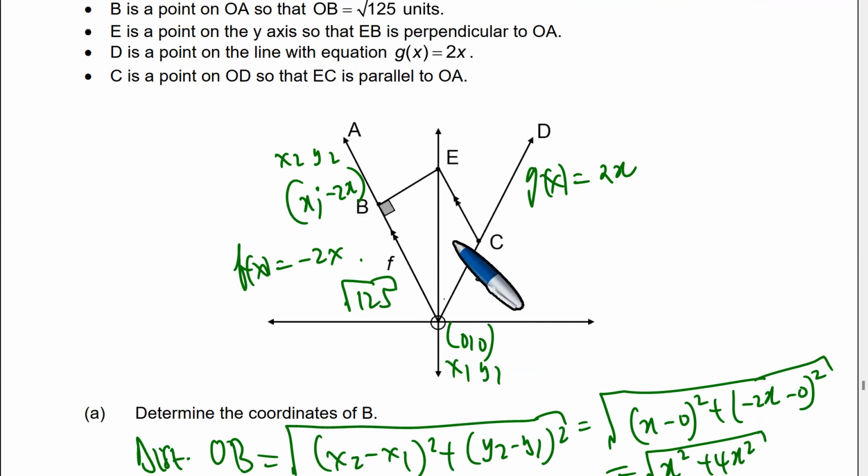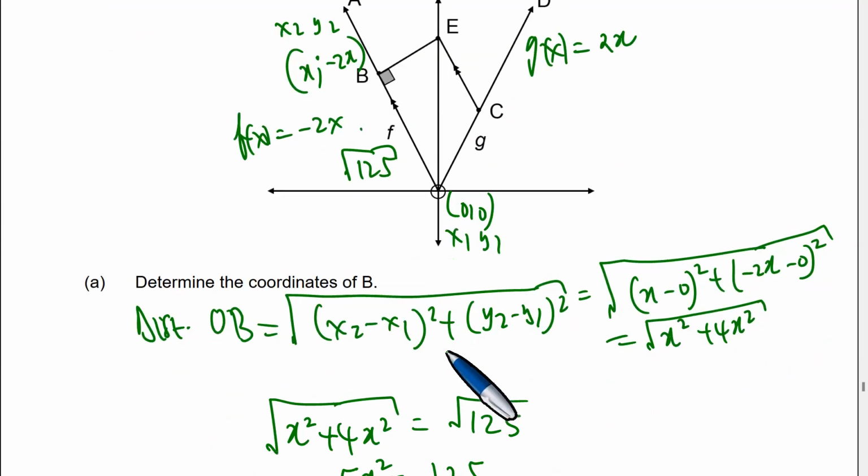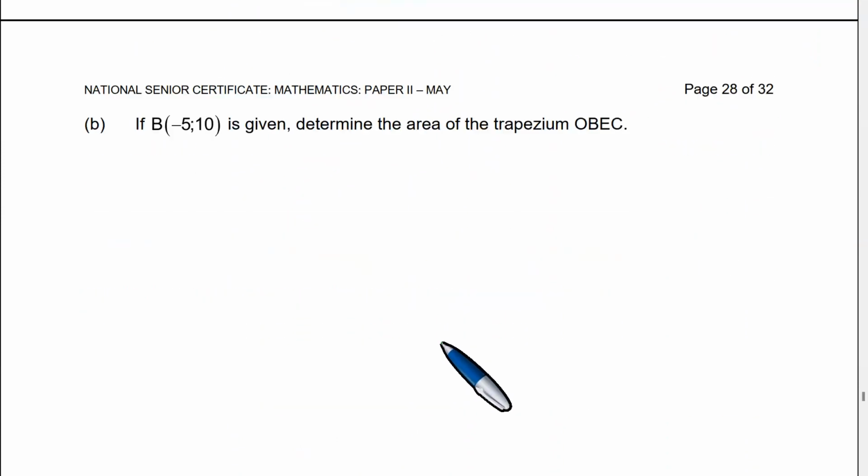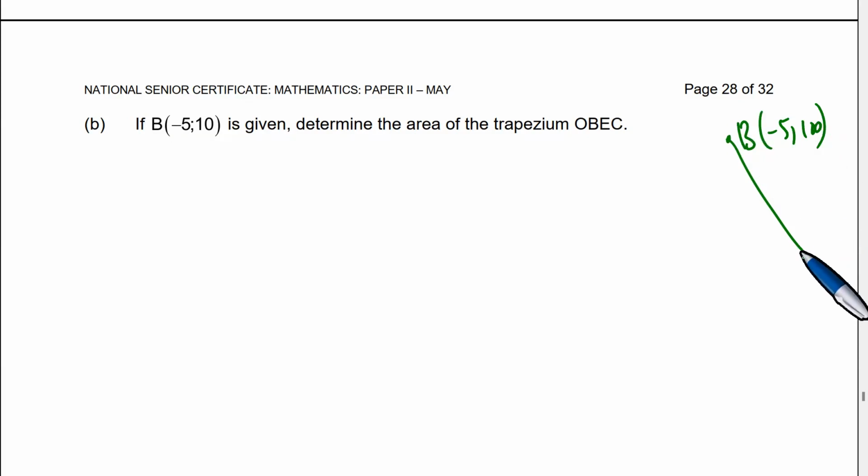So we'll first have to find the gradient of OB. What is the gradient of OB? B is this, with the coordinates minus 5, 10. O is the origin.